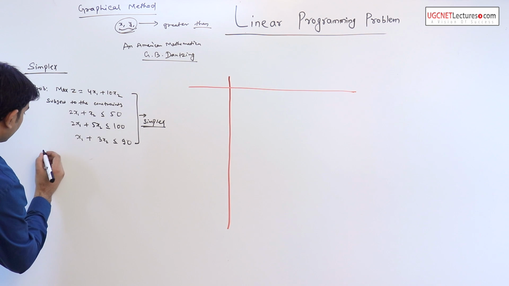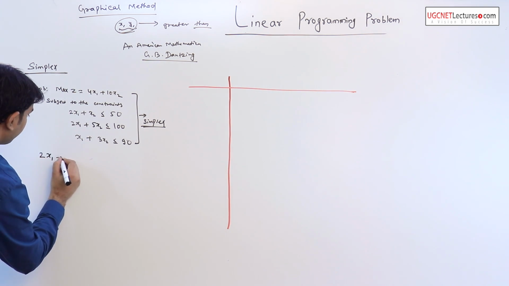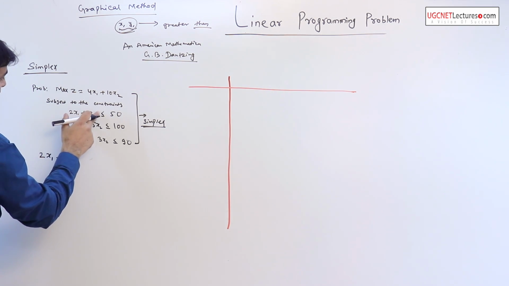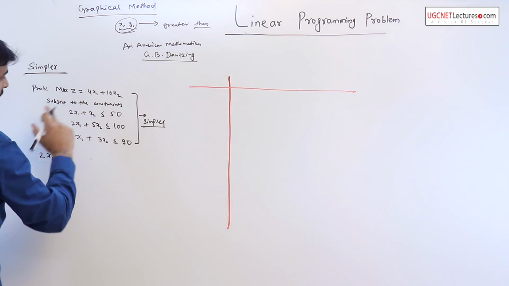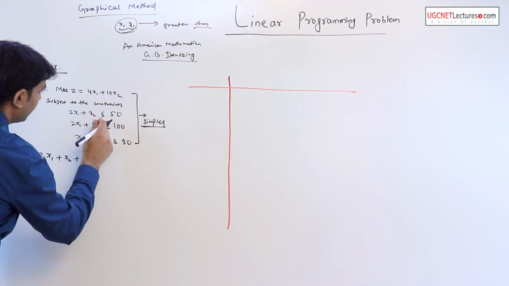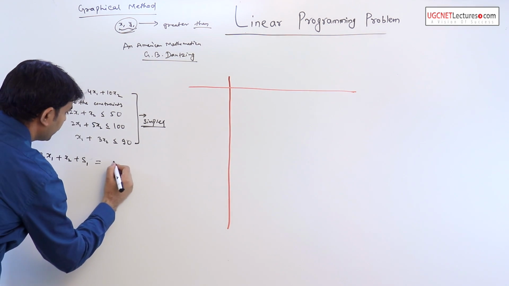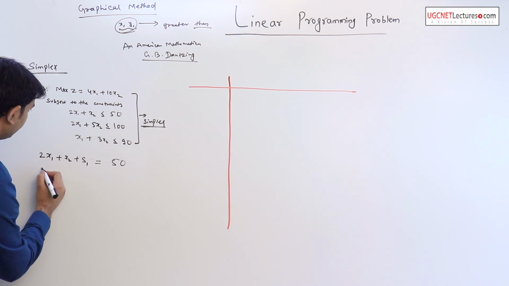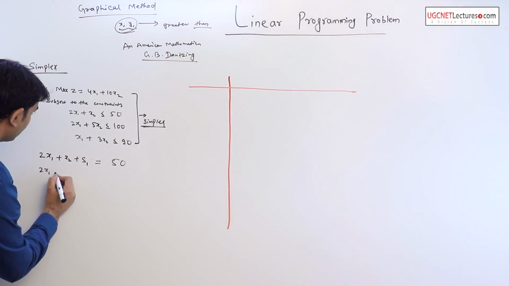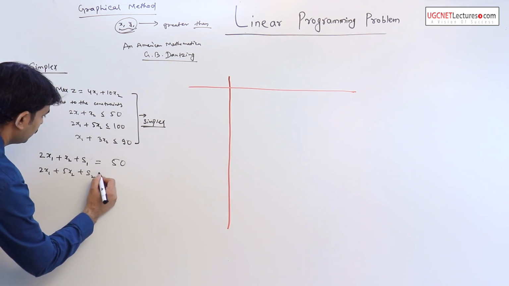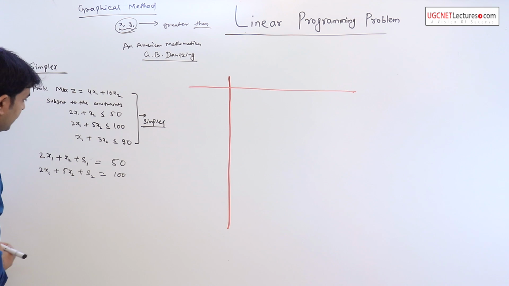In the first equation, 2x1 plus x2 is less than or equal to 50, so if we add a real number s1 which is greater than or equal to 0, this inequality becomes an equation. Similarly, in the second constraint, 2x1 plus 5x2 plus s2 is equal to 100.